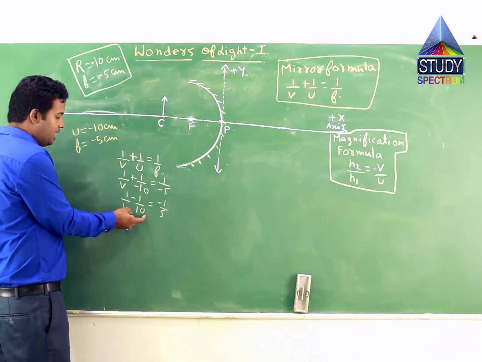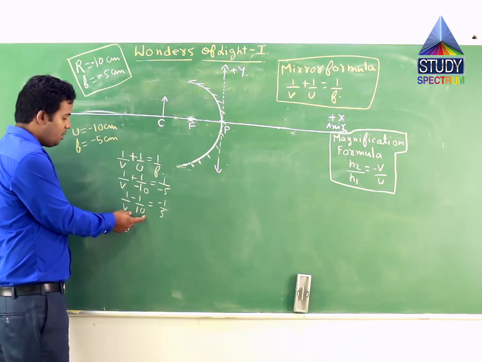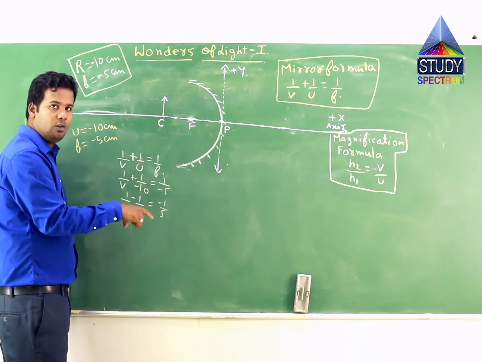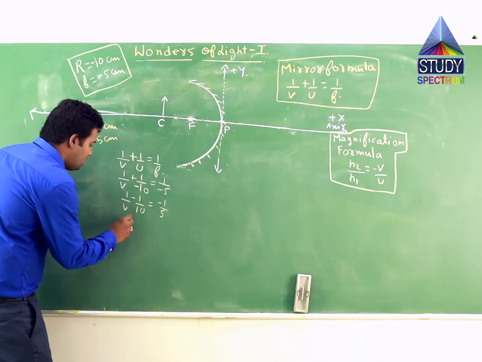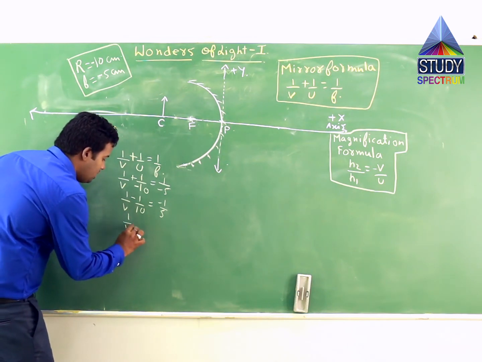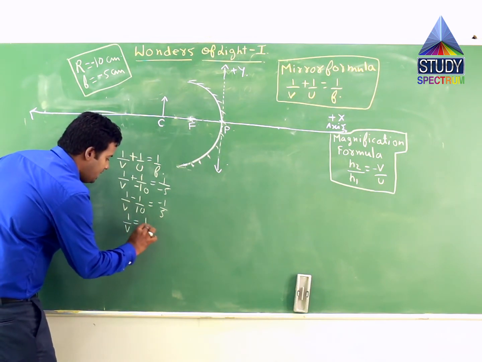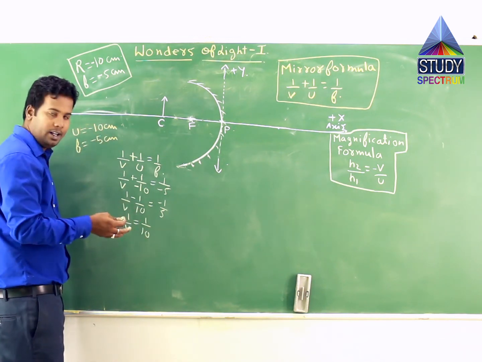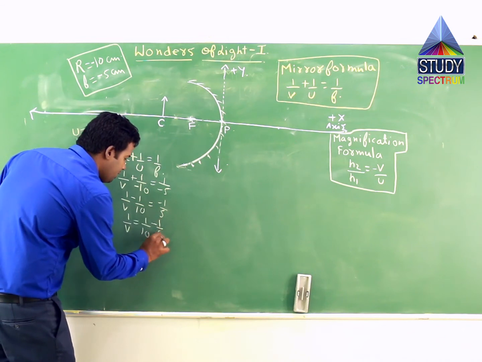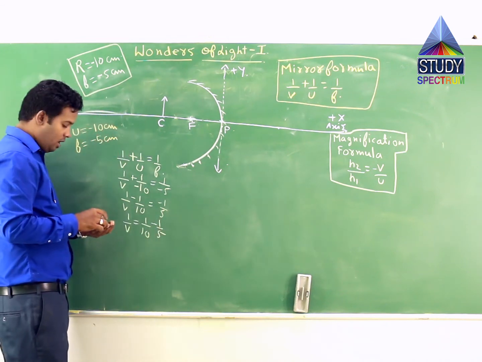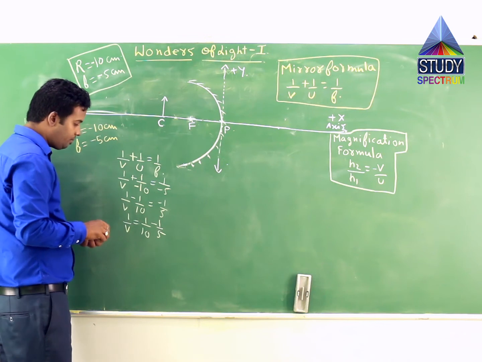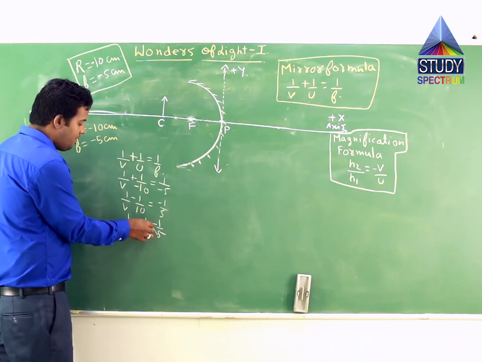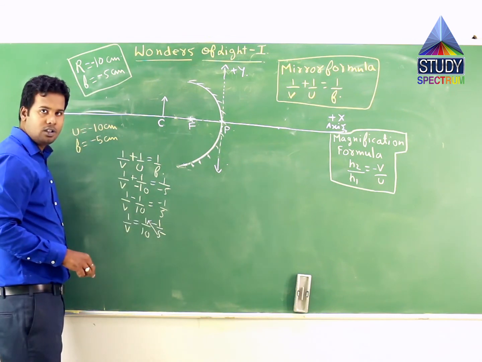If I take this negative value, minus 1 by 10, to the right hand side, it will become positive, and we write the positive value first and then the negative value. So this becomes 1 by v is equal to plus 1 by 10 minus 1 by 5. Correct? Now if you remember how to solve this equation, the denominator of the second term should be multiplied with the first term to make our calculation easy.